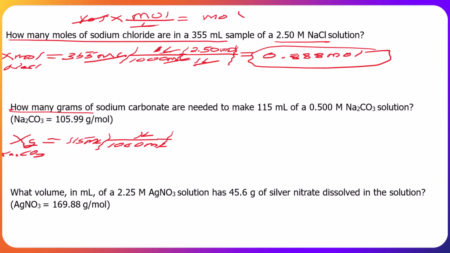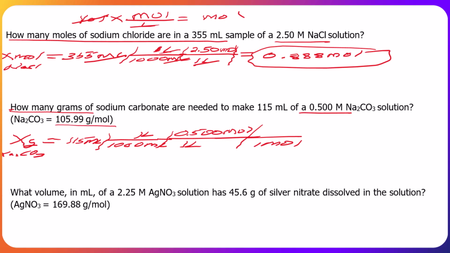Now comes my molarity. My 1 liter of solution has 0.500 moles. That's what 0.500 molar means, moles over liters of solution. And then finally, I've got 1 mole of sodium carbonate, and they give us the molar mass.